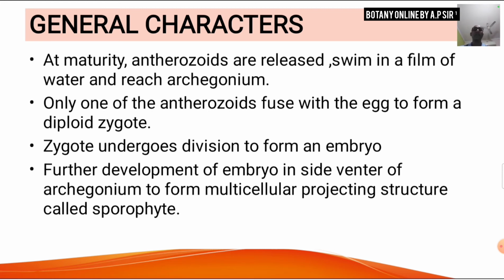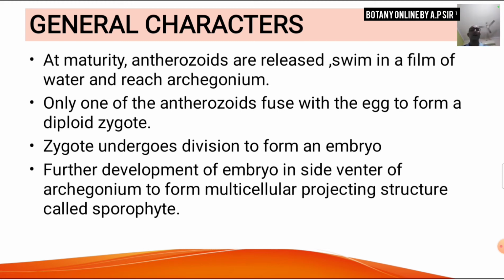Now, the diploid zygote undergoes repeated division to form the embryo. Okay. Now further development of embryo occurs inside the venter of archegonium, and as a result a multicellular projecting structure called sporophyte is formed.